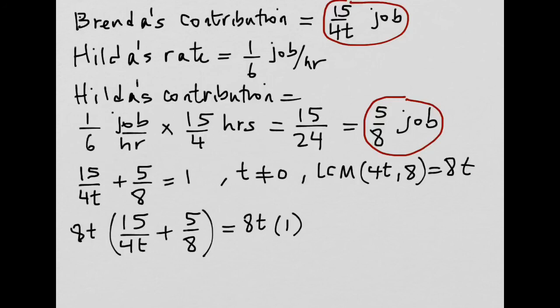8t times 15 over 4t, that's 30, plus 8t times 5 over 8, that is 5t, equals 8t.